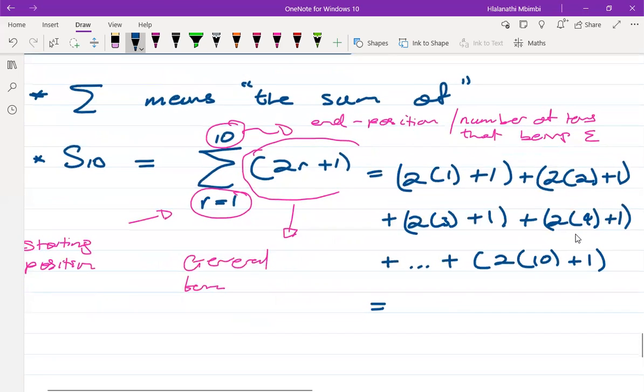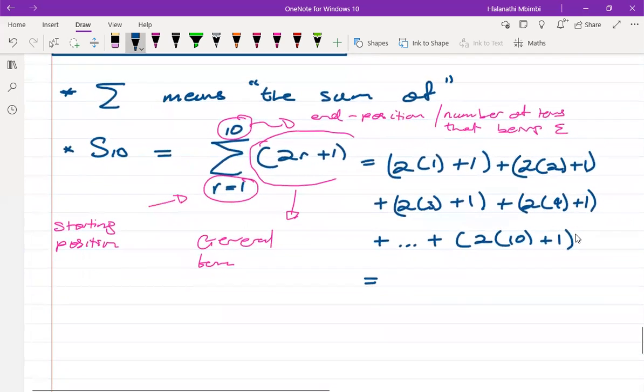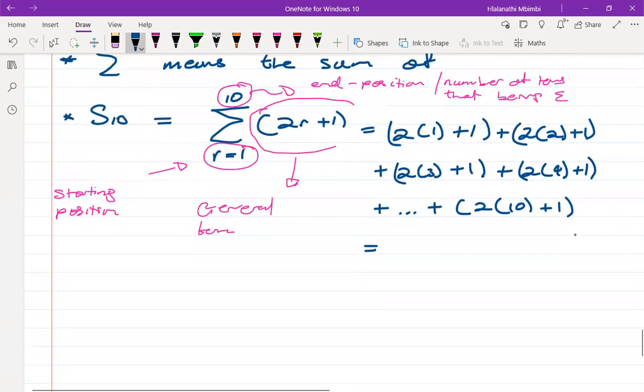Now, I want to bring your attention to something quite interesting. And that is, the starting value is not always 1.